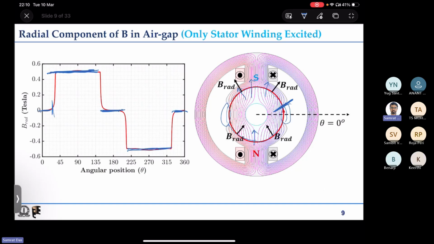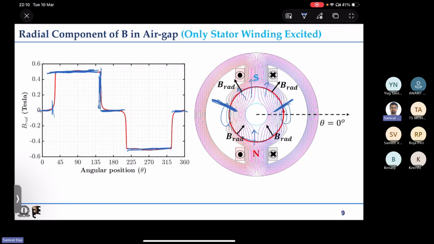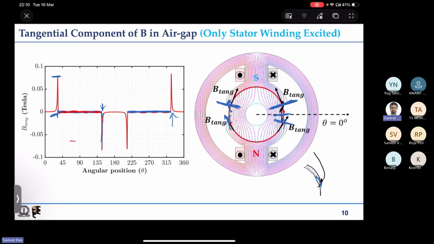Now for the next edge, we again have some positive radial component of flux density, but here the tangential component is negative. So next one we expect that the tangential force density will be negative. Third edge, that is this edge, we have B_rad negative and B_tang also negative.